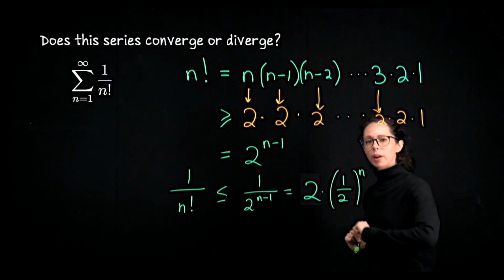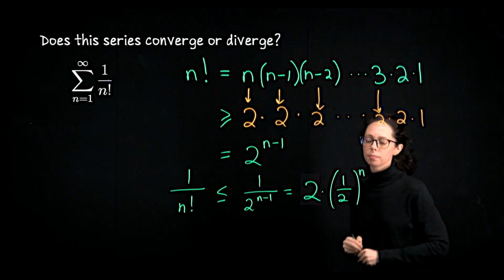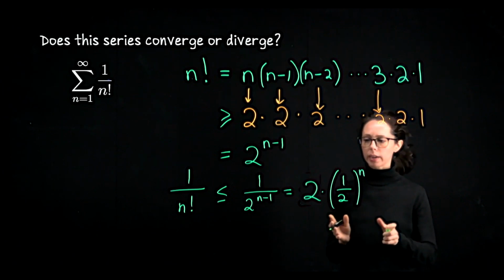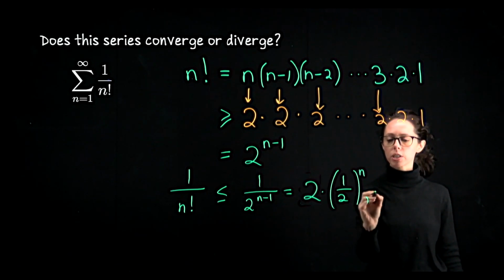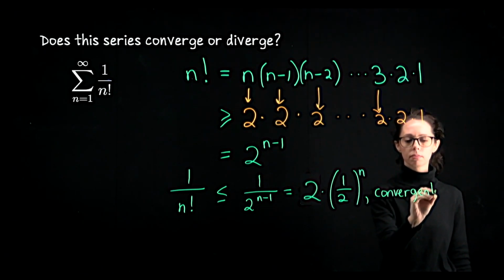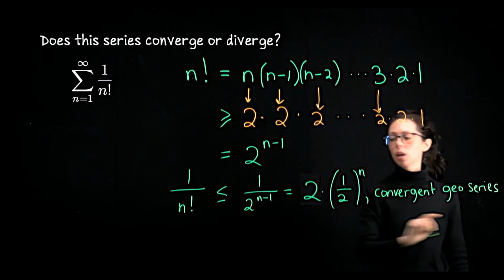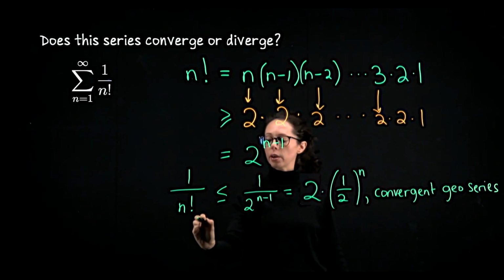This is a series that we recognize. This is a convergent geometric series with r equal to 1/2. So I'm going to be less wordy now in my explanation. I'm just going to write convergent geoseries, which means that this converges by the OCT.